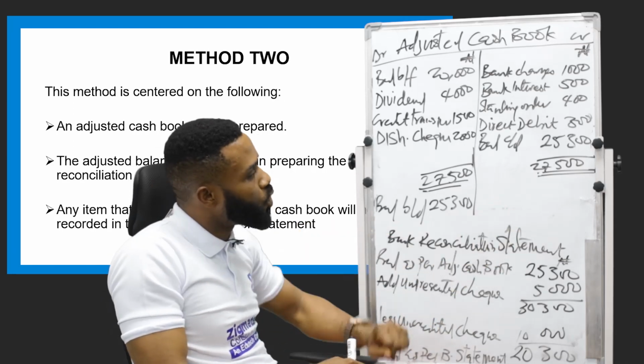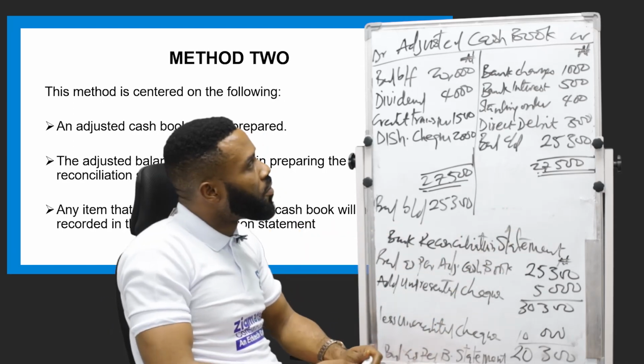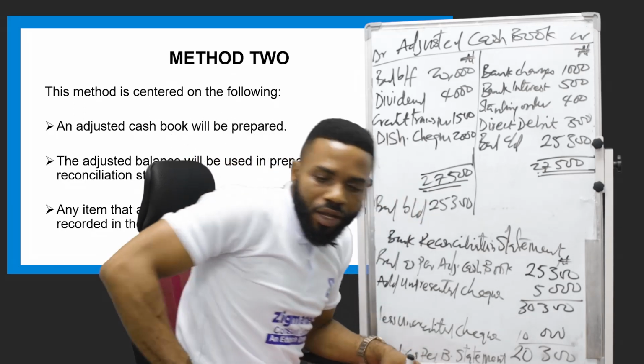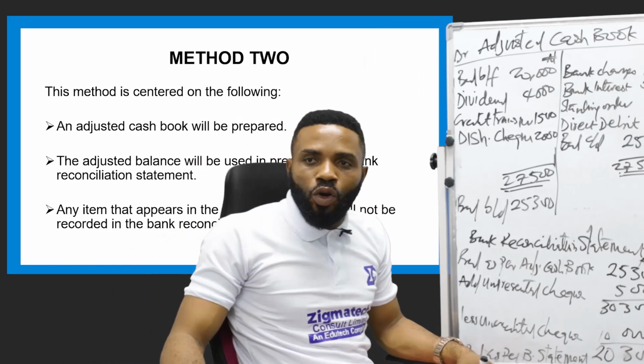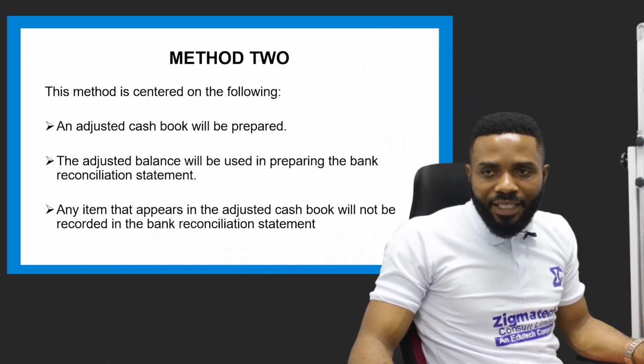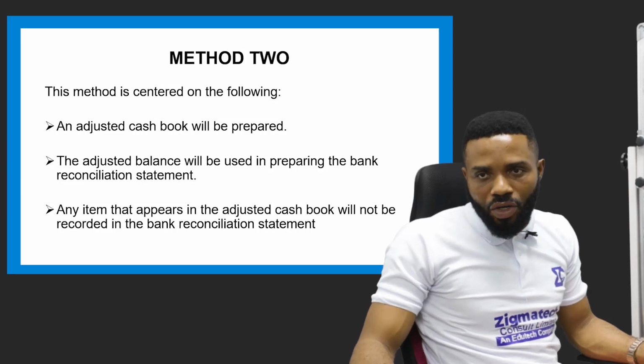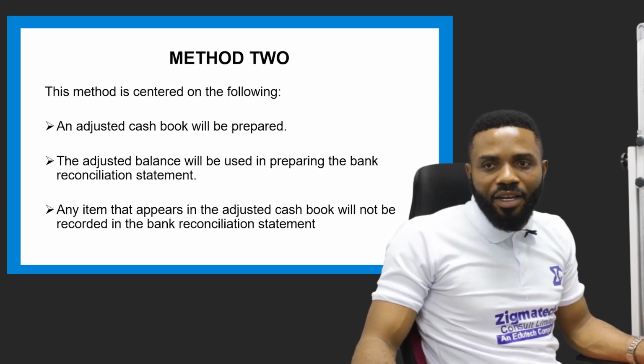So this is what you should know about method 2. Now, very quickly, we want to go to our exam guide to solve one or two examples to further explain what we have said so far.